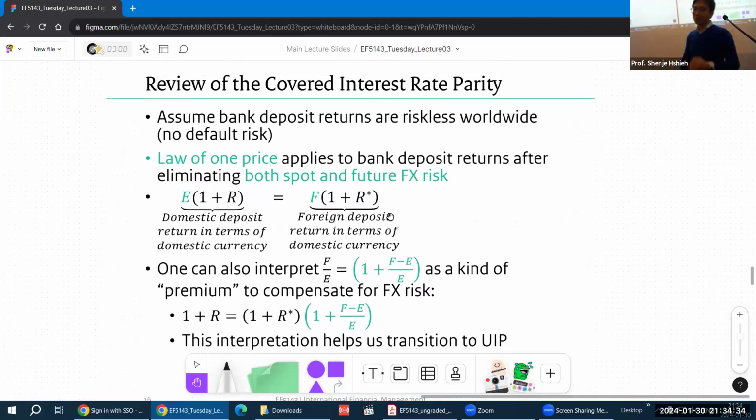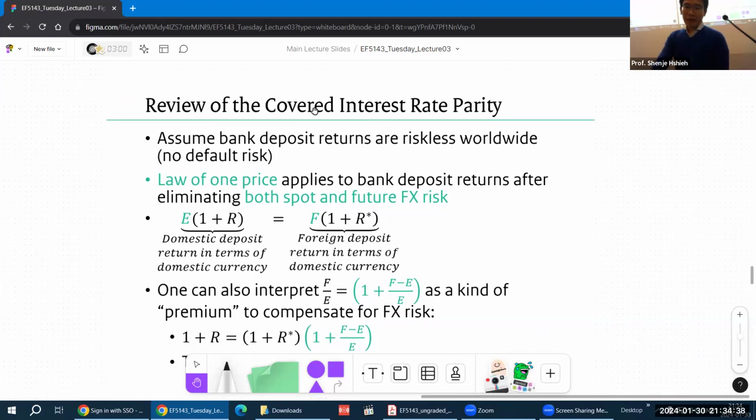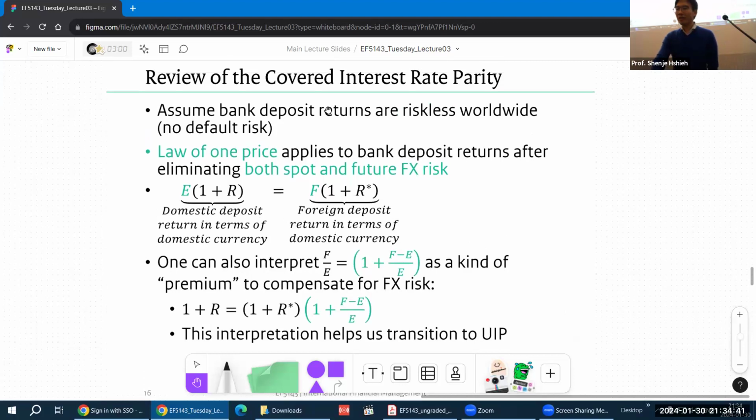We started by reviewing covered interest rate parity. It's called covered because there is an engagement of the forward contract, which eliminates future FX risk, right? There's no exposure to any risk of fluctuations of the currency value.